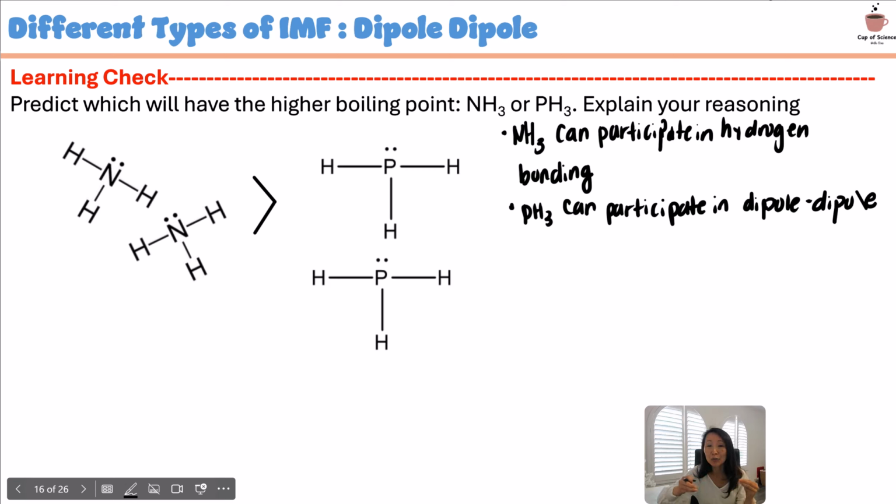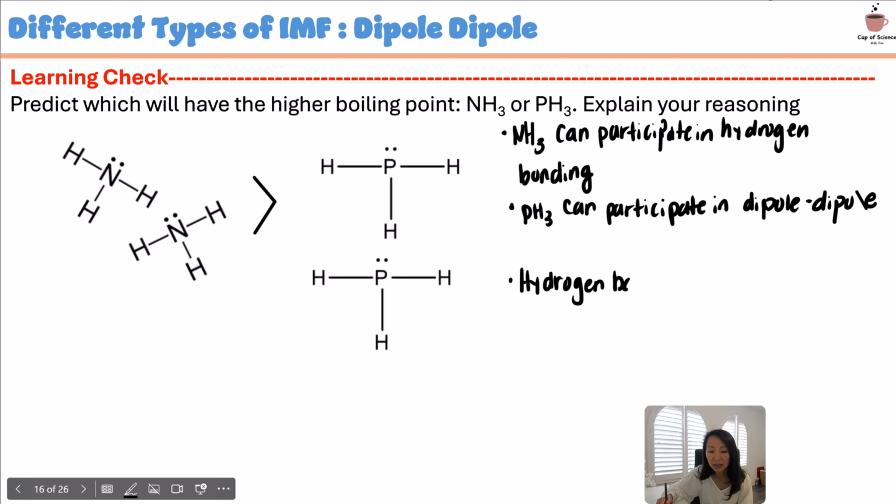And here we're trying to boil this, going from liquid to gas. So going from liquid to gas, the hydrogen bonding requires more energy. So they require a bigger temperature, because of their ability to hydrogen bond in comparison to PH3. So hydrogen bonding, I'll write that down.